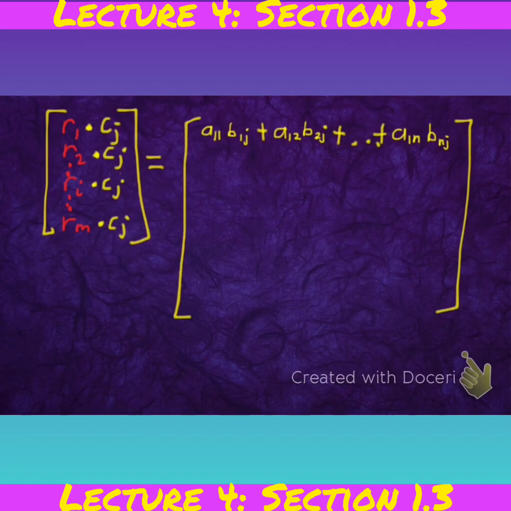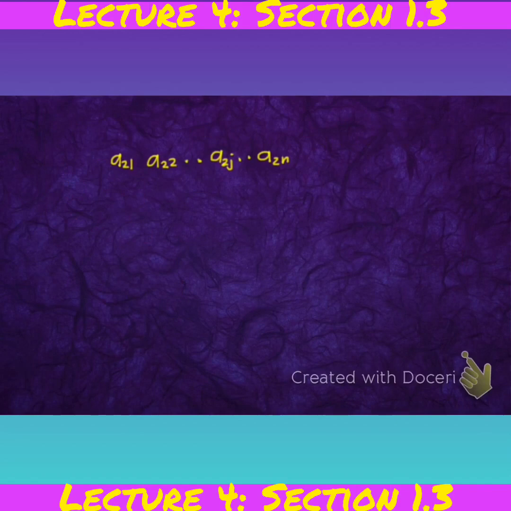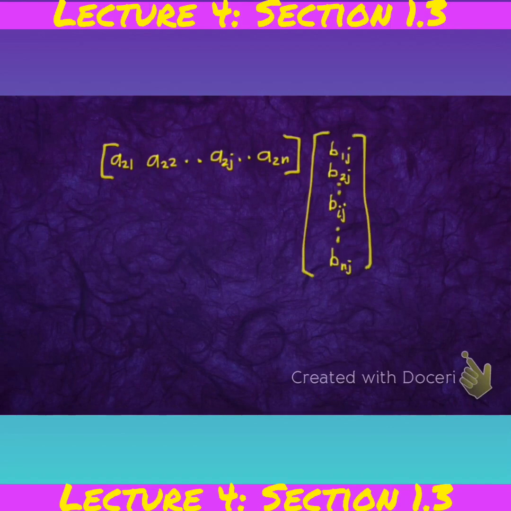Then I'm going to do the same for the entry in the second row, and that's just the second row of A dotted with Cj. Again, take the first entry of your row vector and multiply that with the first entry in your column vector, which is B1j.